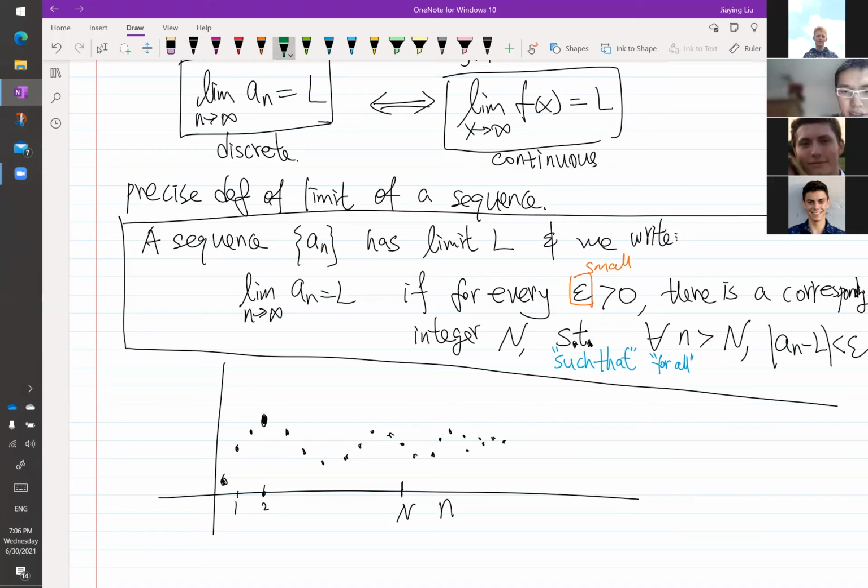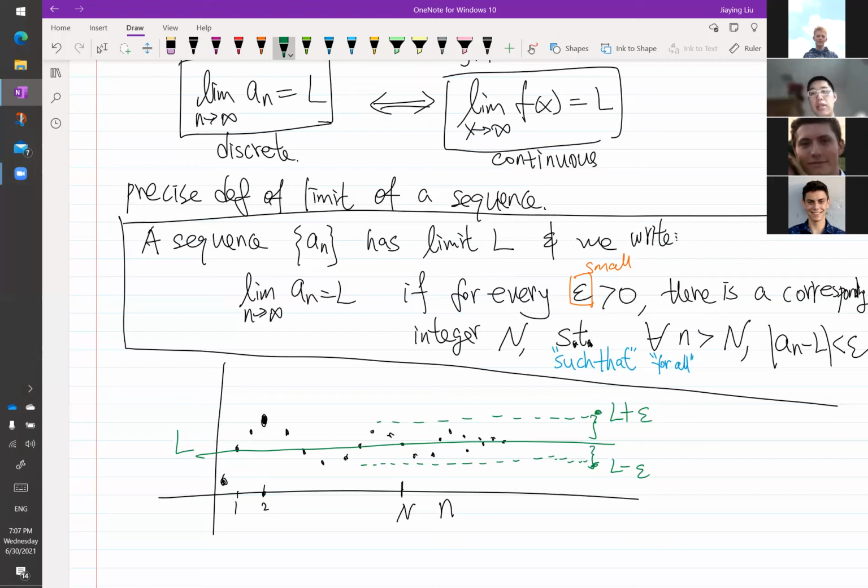So what that says is, here you have L, a y value, such that if you pick an epsilon, this is L plus epsilon, this is L minus epsilon, so that all the a_n, the values in the sequence, will fall between those two boundaries, the L minus epsilon and the L plus epsilon boundary.